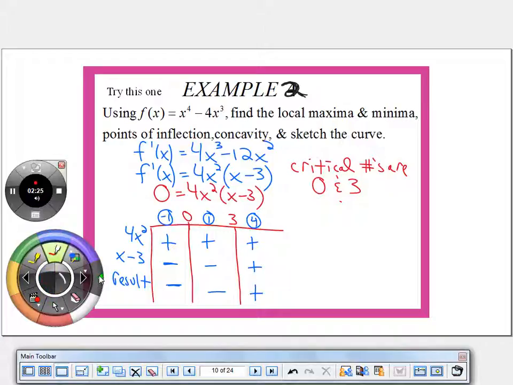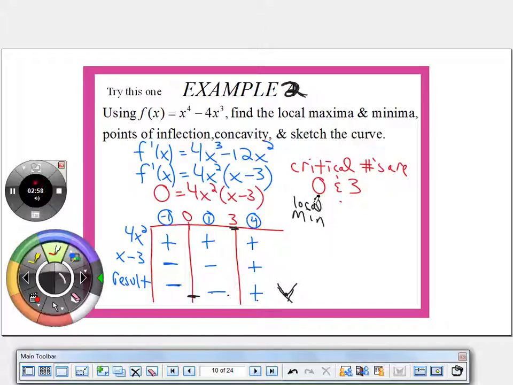All right, so that gives us some information. We actually know, based upon this, if you look here, we go negative to negative, no sign change. But at 3, right at 3 here, we go from negative to positive. Now again, whenever the first derivative goes from negative to positive, that means, according to the first derivative test, that your graph would look something like this, and you'd have a low point there. So there's a minimum, a local minimum.